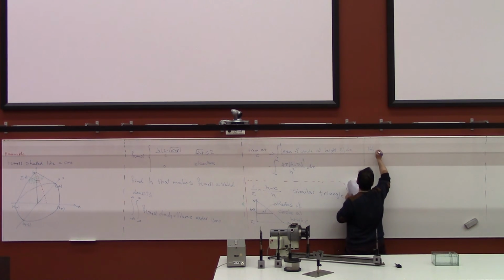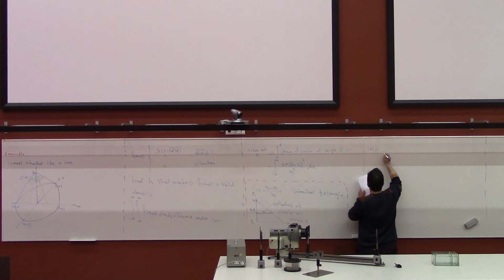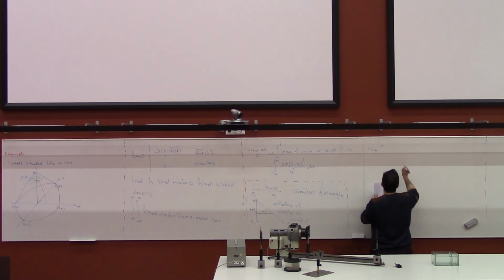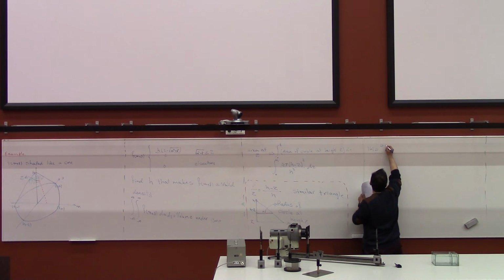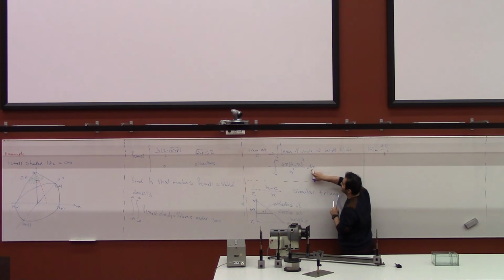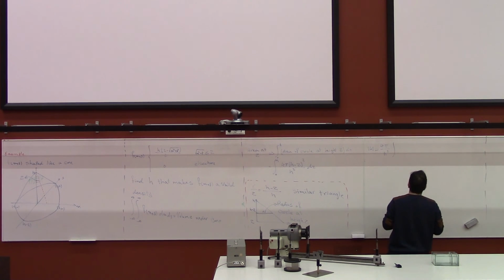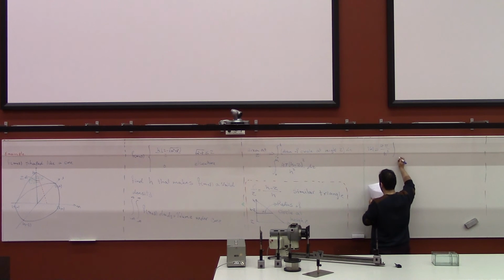Volume is equal to, you know that's a constant, we can put it in front of the integral: 4π over h², because we just have dz here. We can move the constant out of the integral, from 0 to h.